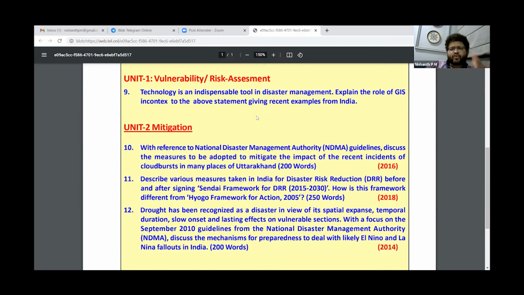And there should not be too many dams which obstruct the natural flow of water. That was the exact issue in Uttarakhand. Too many dams were obstructing the natural flow of water in the rivers, and hence there was flooding.